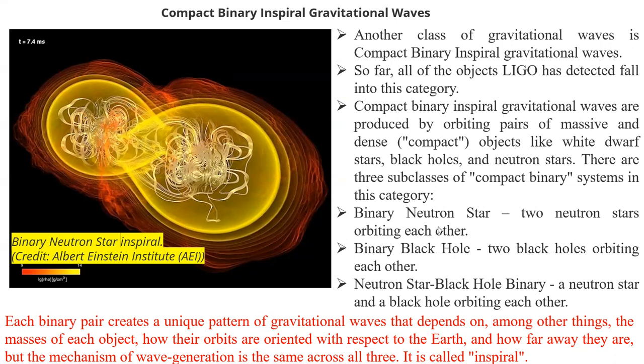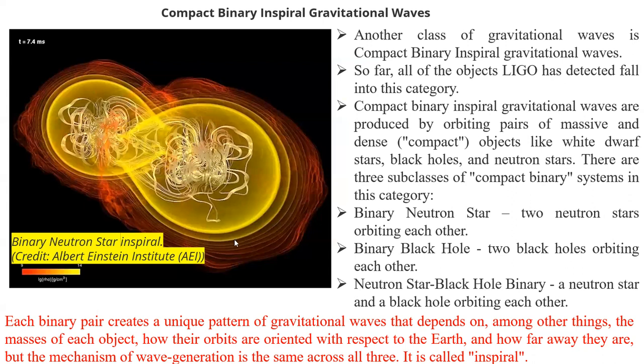There are three subclasses of this system in this category: binary neutron star, BNS, two neutron stars orbiting each other; binary black holes, two black holes orbiting each other; and neutron star black hole binary, NSBHB, a neutron star and a black hole orbiting each other. There are three combinations: two neutron stars, two black holes, or one neutron star and one black hole.